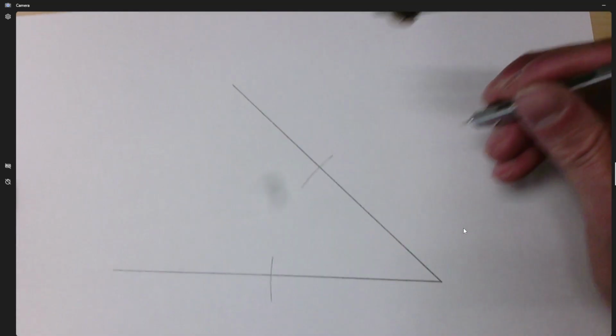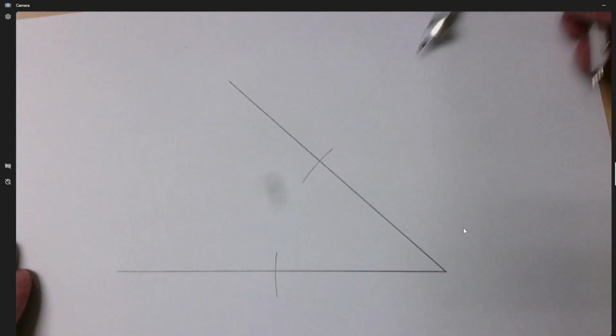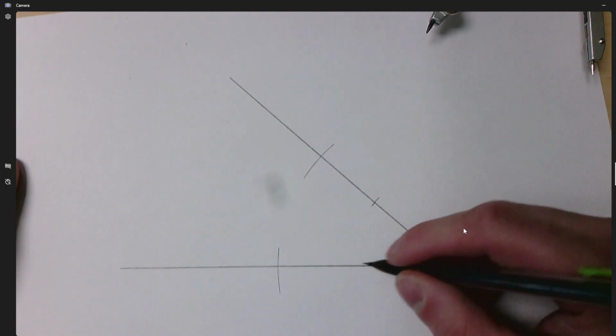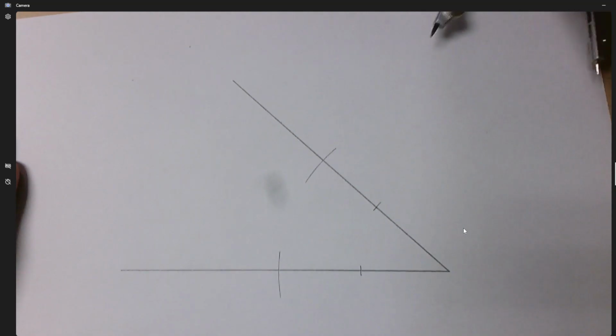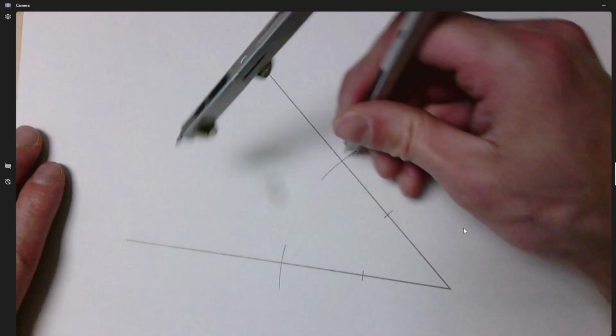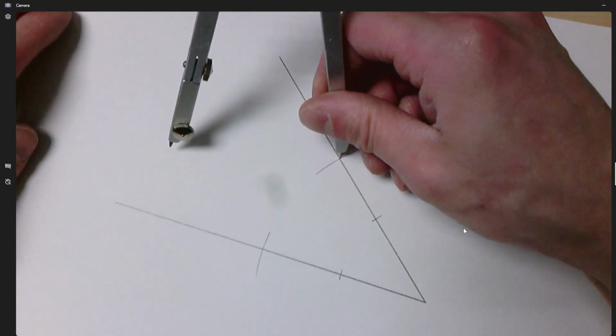Then what you're going to do, and actually I will show you this while I do it. These line segments will now be congruent because I didn't change the radius of my compass. So then I can put the point of my compass on the intersection of that mark and the side of my angle.